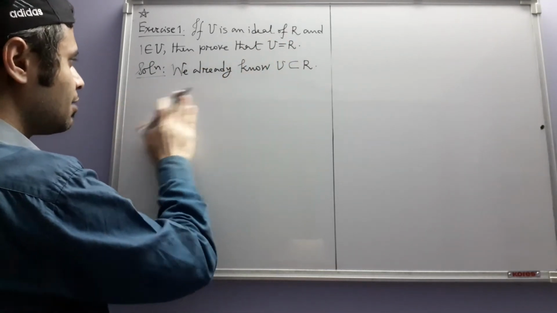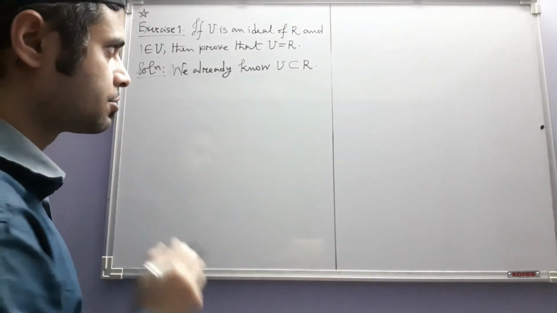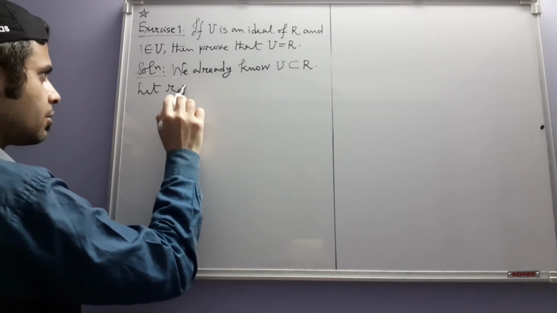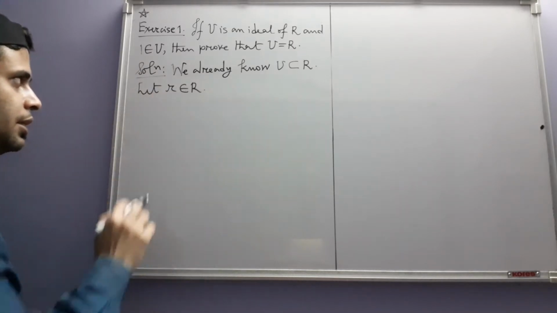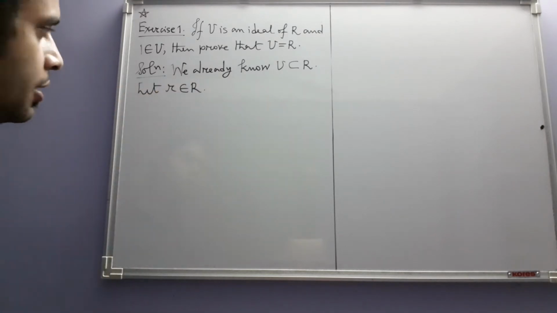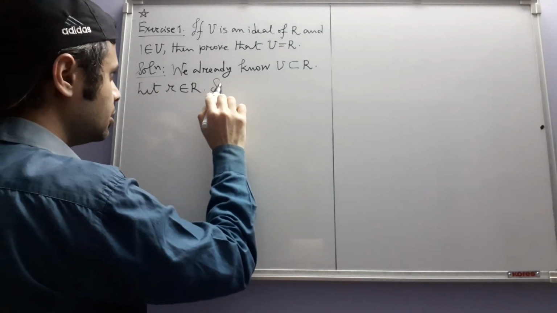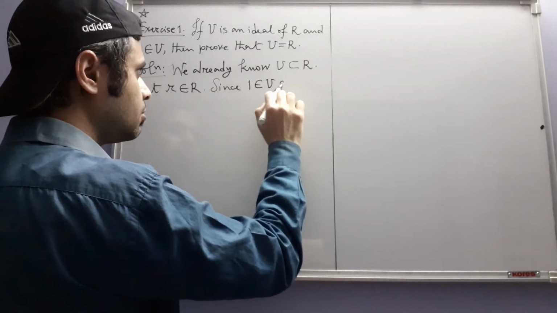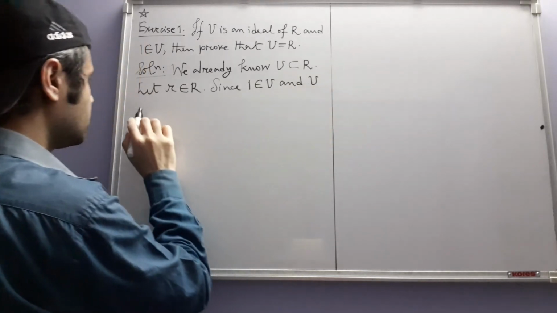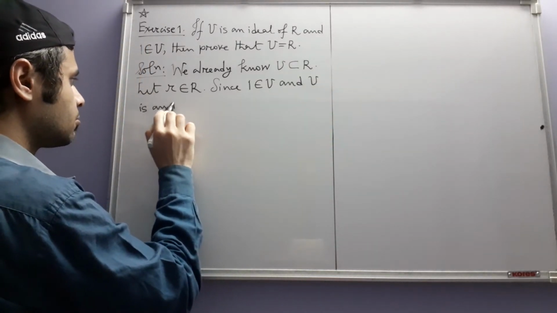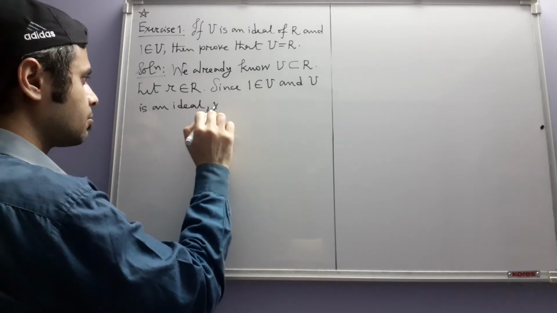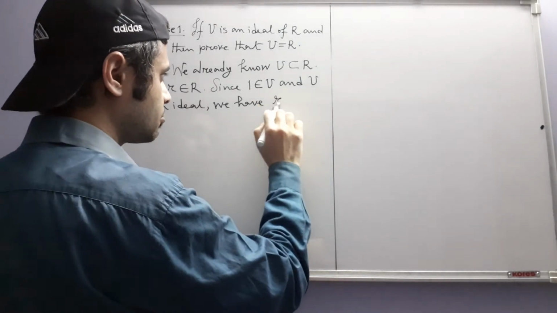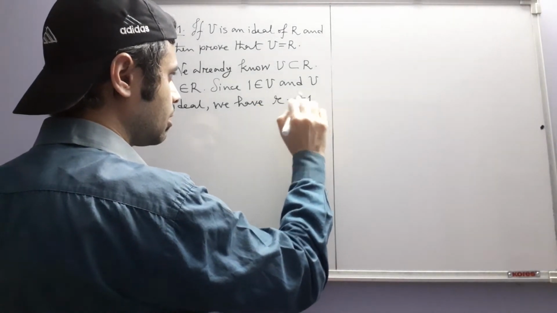Okay. So now we have to show the reverse inclusion is also true. So let r be any element in R. We need to show that this small r is also in U. Since 1 is in U and U is an ideal, we have r equal to r1.